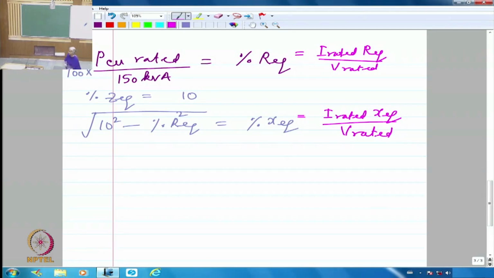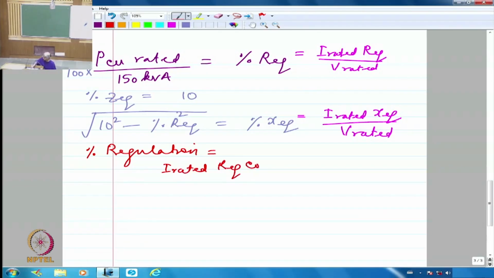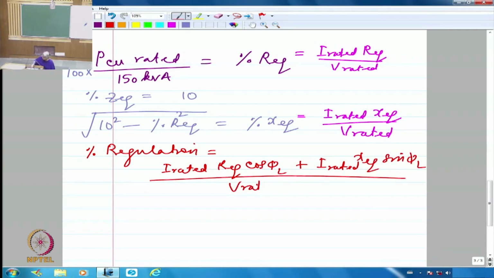Right? So now, if I want regulation, I can write the expression as I rated R equivalent cos phi L plus I rated X equivalent sin phi L divided by V rated, of course multiplied by 100. Now I can say that this I rated R equivalent by V rated is percentage R equivalent. I have got that directly.